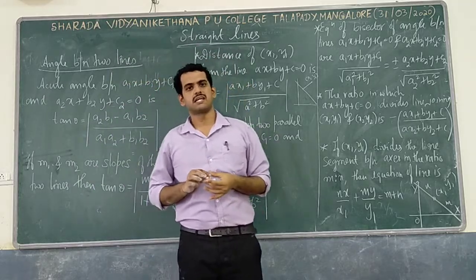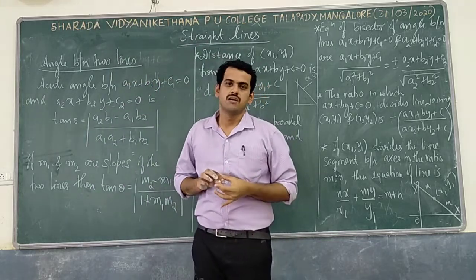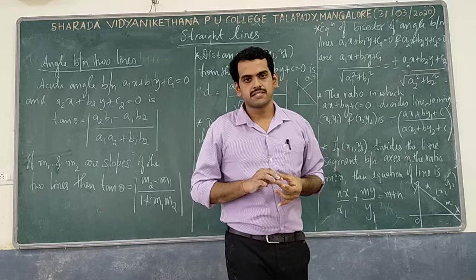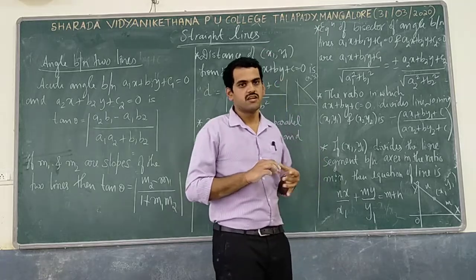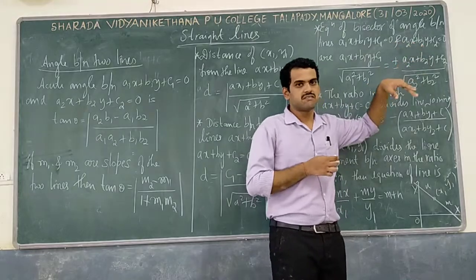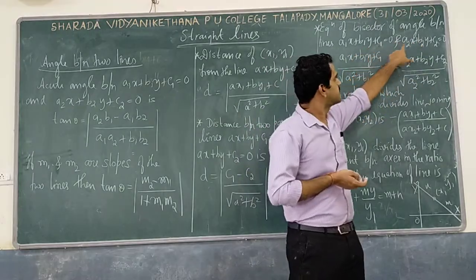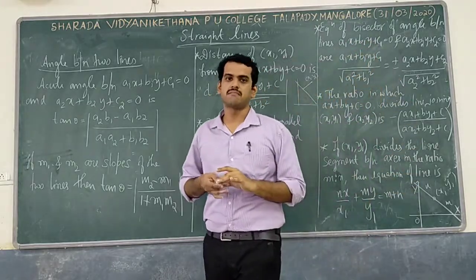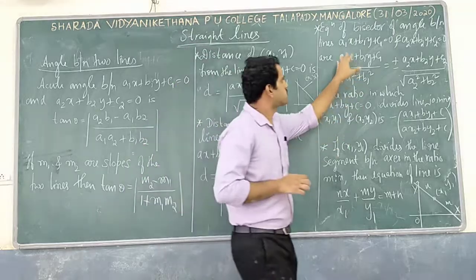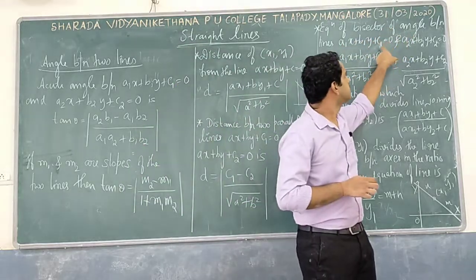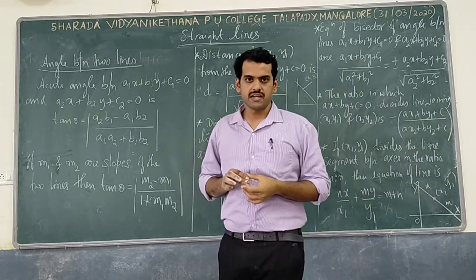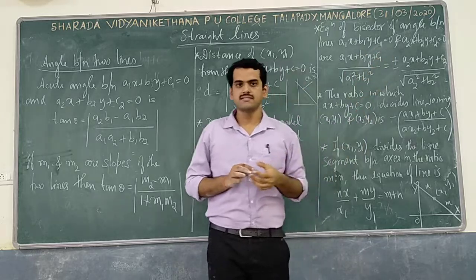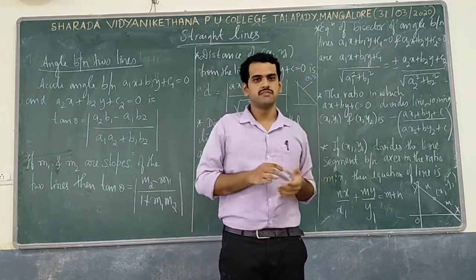Now, as I told, there are two bisectors, acute and obtuse. Now, exactly how do we find the acute and obtuse bisectors? There is a procedure for that. First of all, write the equations of the lines in such a way that you make c1 and c2 positive, so you may have to adjust the coefficients of a and b either by multiplying by a minus sign. So make sure that the equations of the lines are such that c1 and c2 are positive. After that, take the sum a1 a2 plus b1 b2 and find it out.